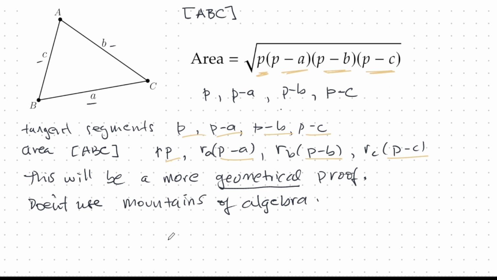That can be daunting and intimidating. This proof has a little bit of algebra, but not that much of it. Mostly it's geometrical reasoning. So I think this is a great way to prove Heron's formula. It is, of course, superior to the way I showed you before, but it takes some doing. We had to hack through all those properties in the two previous videos before we could get to this point.